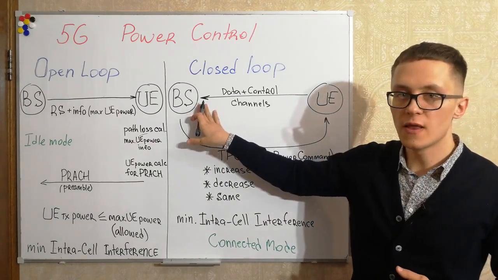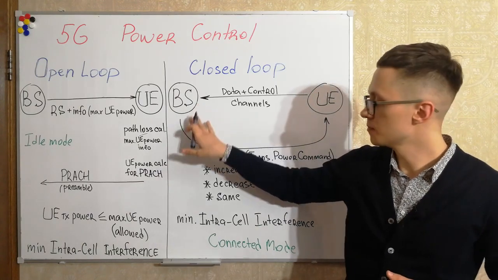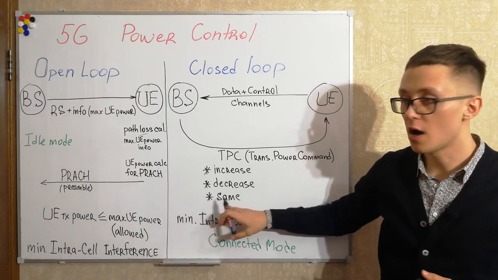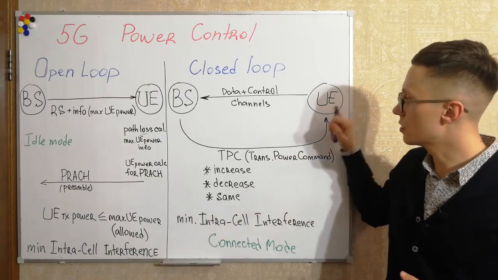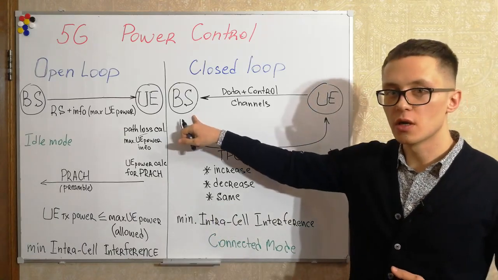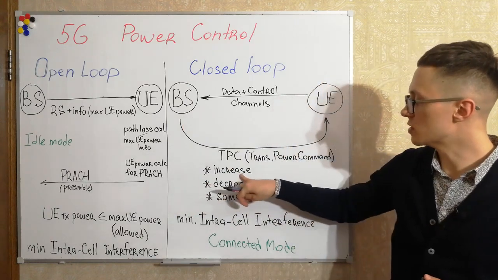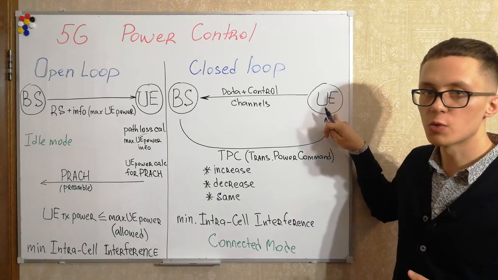If the power is enough for the base station to understand, it will send a command to keep the same power. If the base station cannot fully understand the message, it will send a command to increase the power.